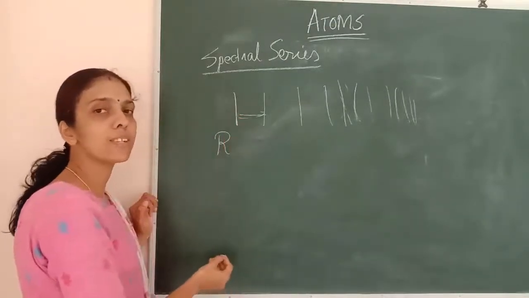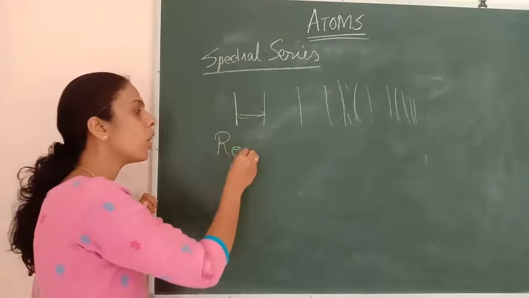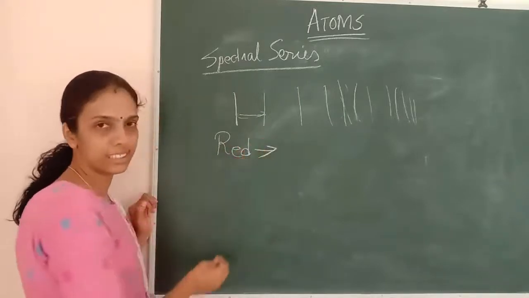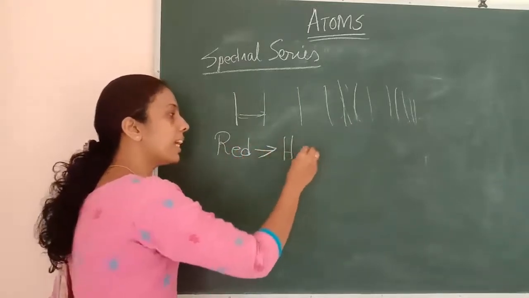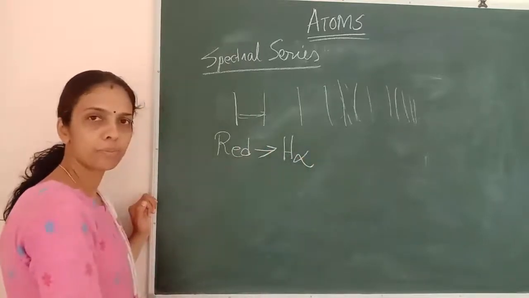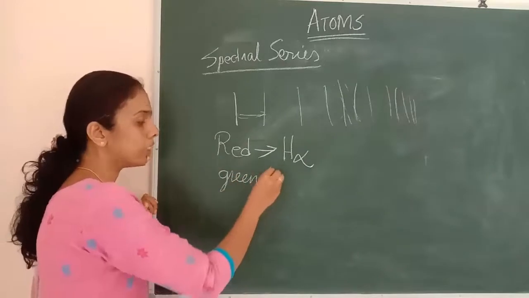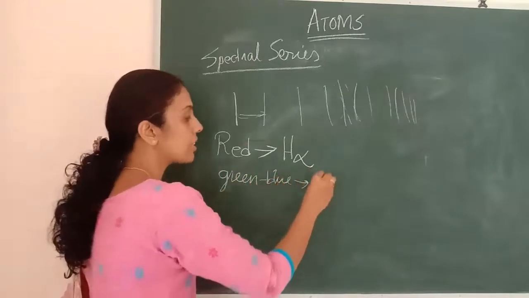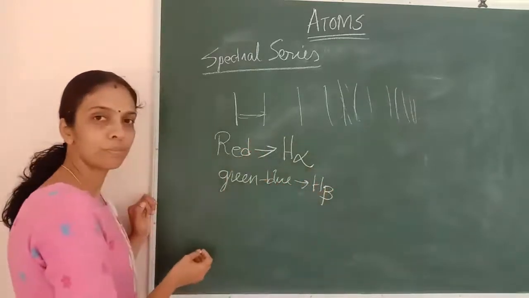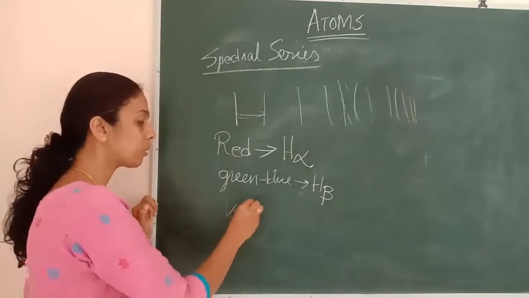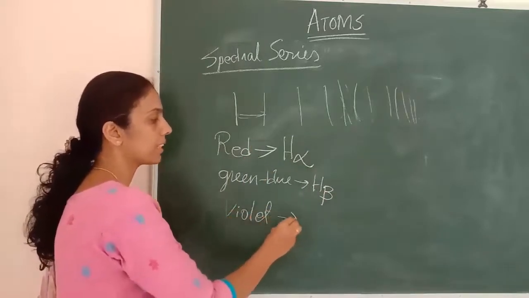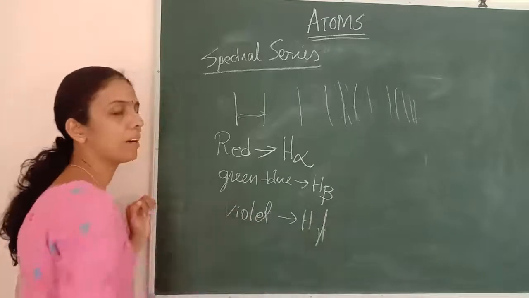The wavelength of the first spectral line is observed in the red light region. That is called H alpha. Next is observed in the green-blue region, called H beta. And the violet region is called H gamma.